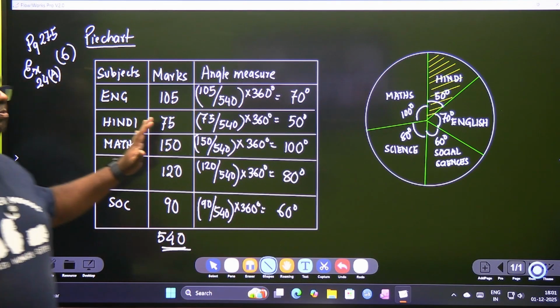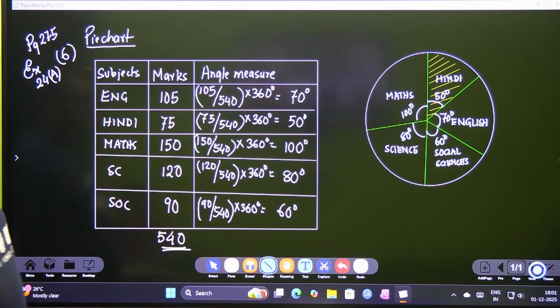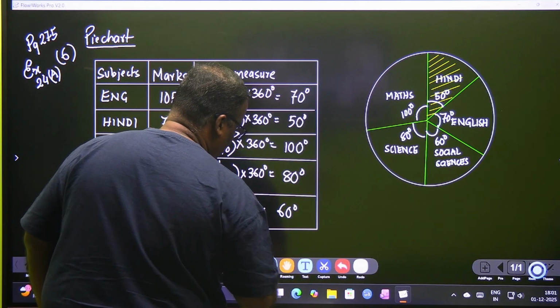Will you be able to do it with percentages? I'm just putting up some mock figures.